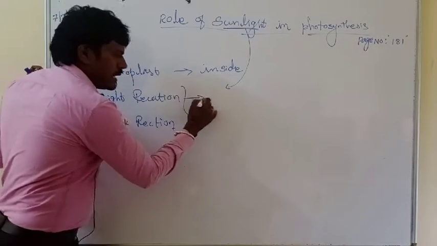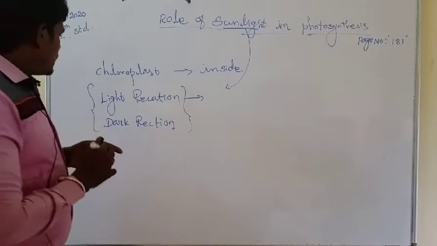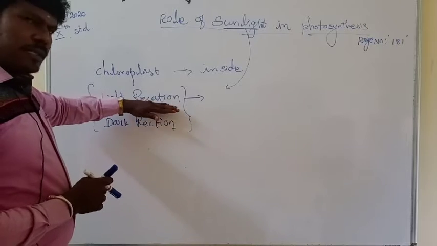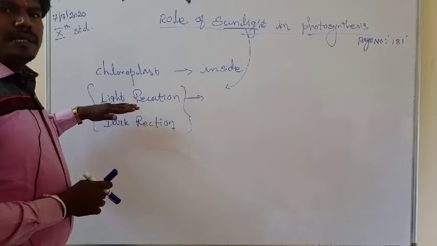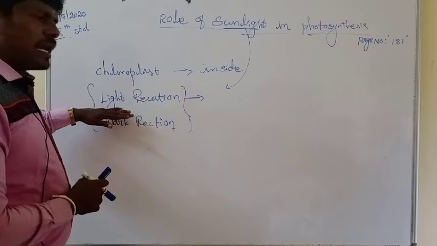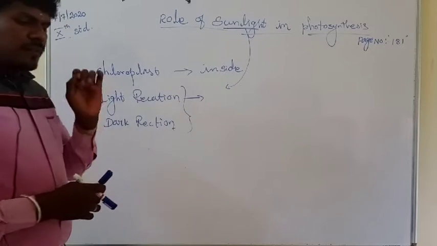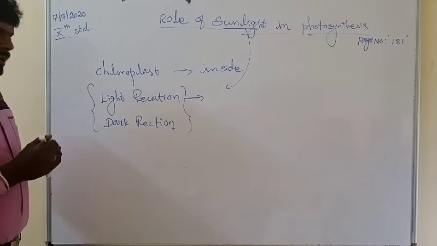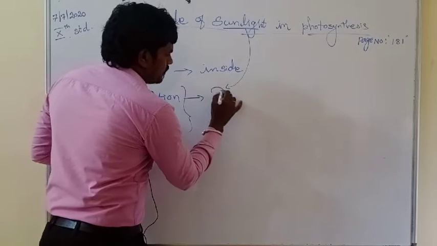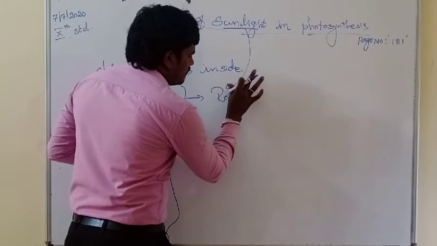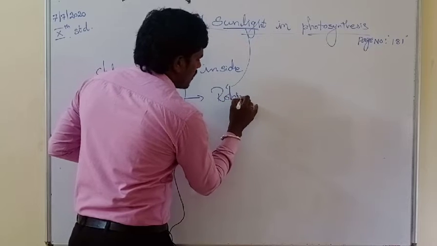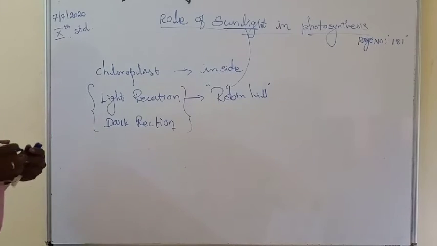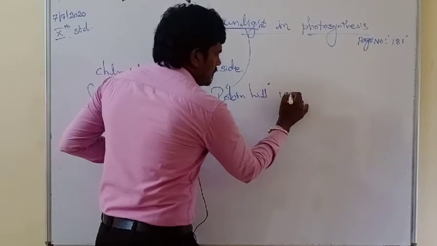First one, light reaction. Light reaction means what? Here itself you have the answer, because they mentioned light. During this reaction they utilize light. With the help of sunlight the reaction is involved, so it is called a light reaction. The person who first discovered this reaction was Robert Hill, in 1939.